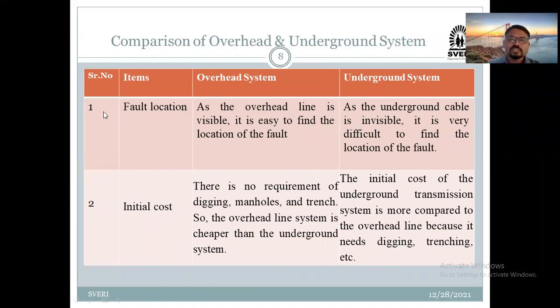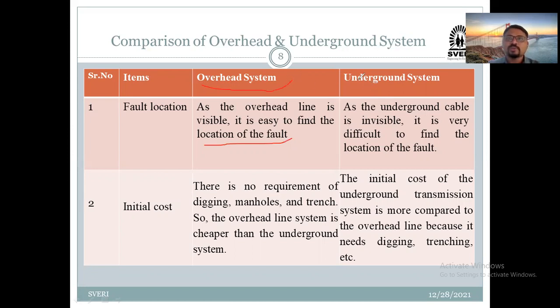So what is overhead system? Okay, so what is my first point? That is nothing but the fault location. Now see, as far as overhead system is concerned, as the overhead lines are visible, it is easy to find out the location of the fault, in the overhead system.